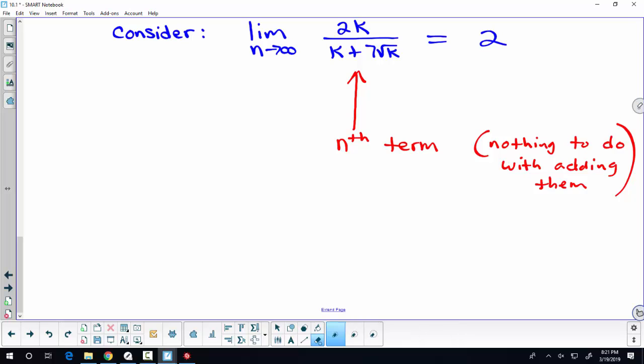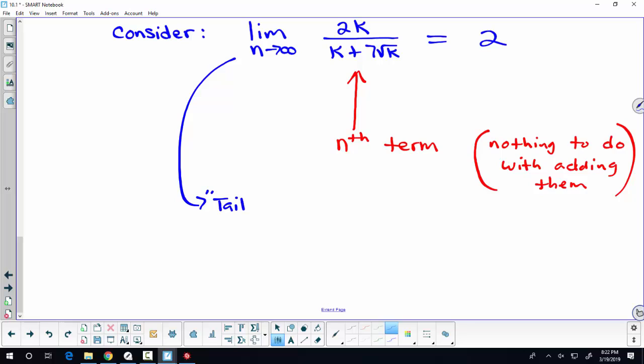All right, so that's what we said earlier. If I think about it in the context of having to add all of those things together, what that's showing me is that out towards the tail, the tail is approaching 2. So eventually you're always adding 2 ad infinitum with this particular series.